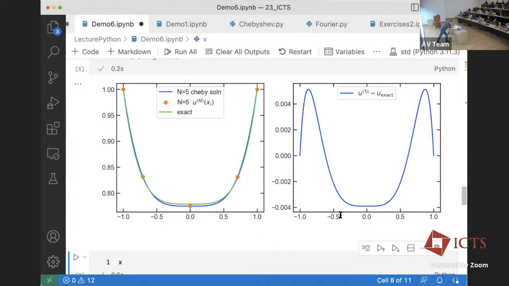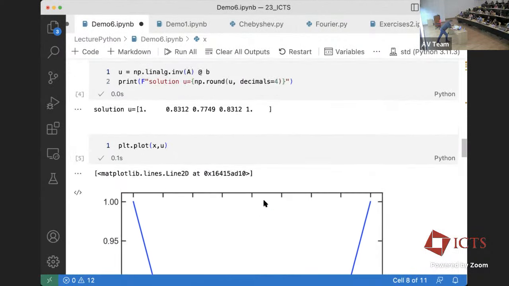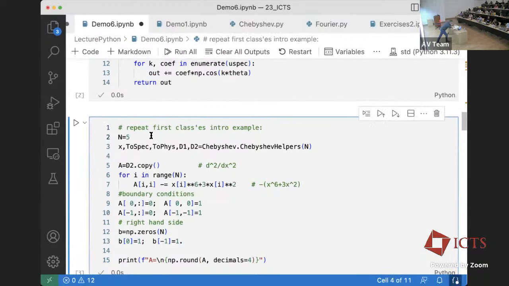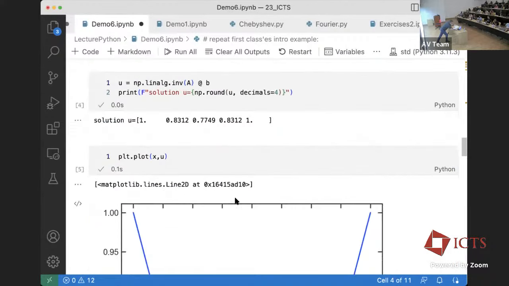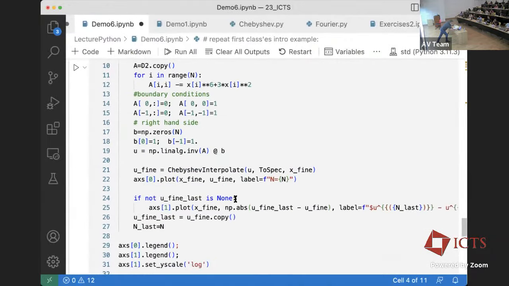But the cool thing now is we've not only reproduced it, we have reproduced it with a first line here that sets n equal 5. And now, of course, I'm free to change this n equal 5 around to other values and see whether we get more accurate solutions or not.